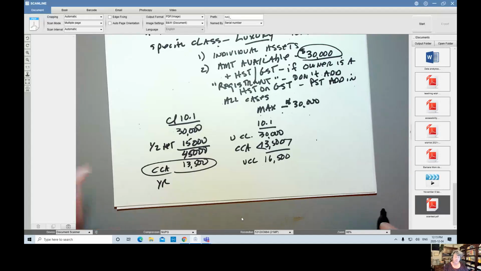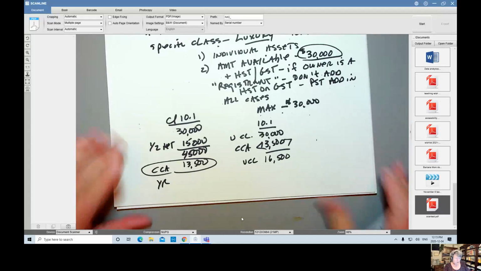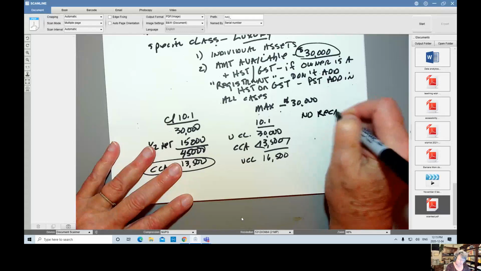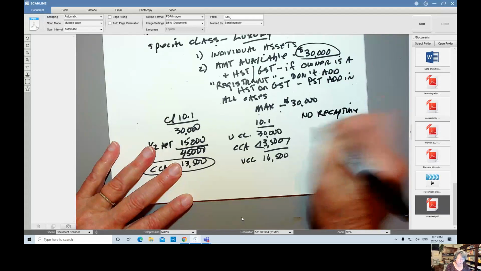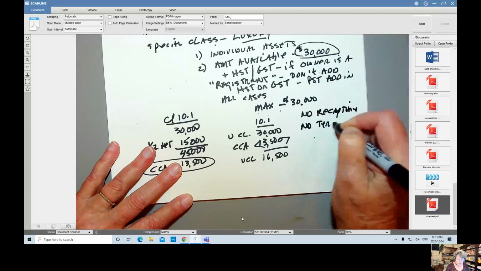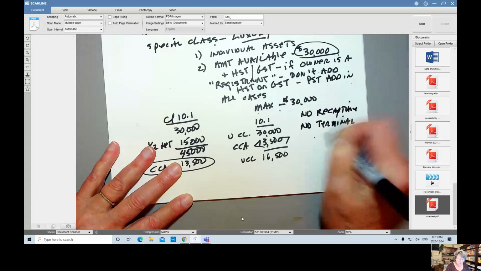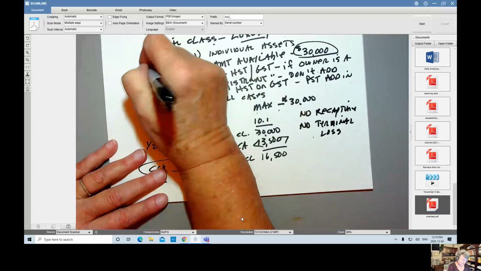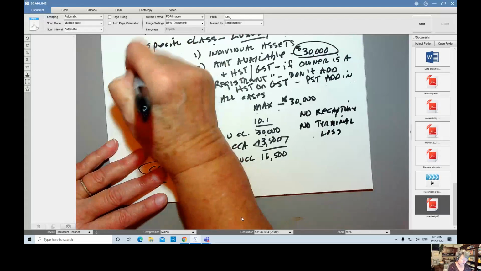Now, what you want to understand is in the year of sale, there is no recapture, no terminal loss. The problem here is that maybe I paid, like I say, $120,000 for that car. All right.